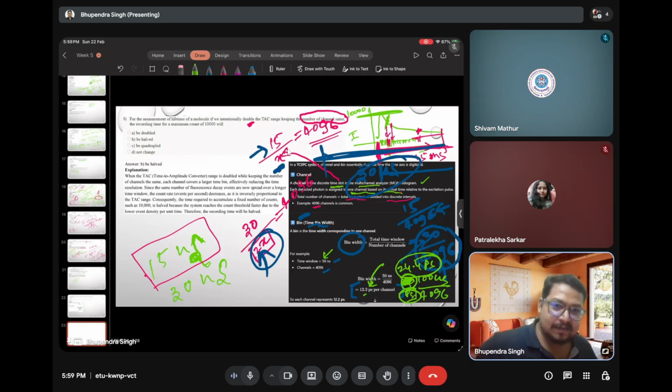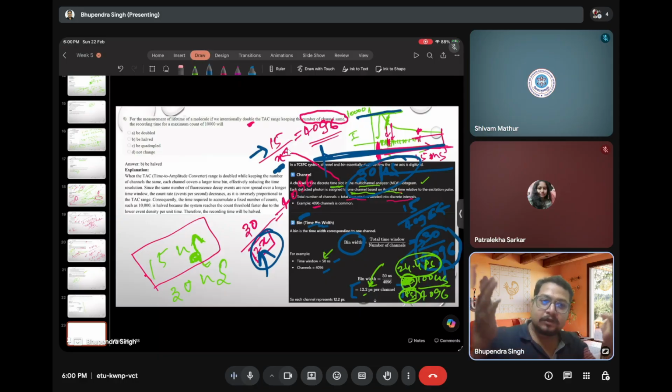So basically, more molecules will be absorbed in that time frame, because the time frame was this much initially. Now it is double, so in that time frame more molecules will come. So reaching 10,000 count will be halved, because your time range has increased to double.